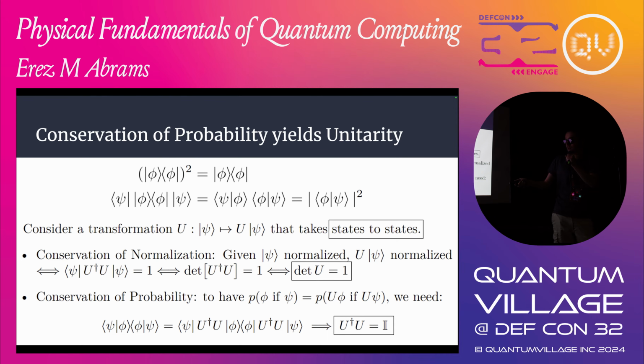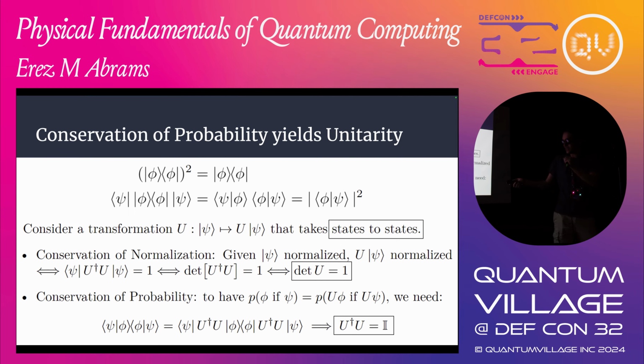So if I have two states, like my 2s orbital from before and my northern side of the atom from before, and I move both psi and phi over there, the probability of that new psi being in the new phi state should stay the same as it was before, because we just moved the whole universe, right?